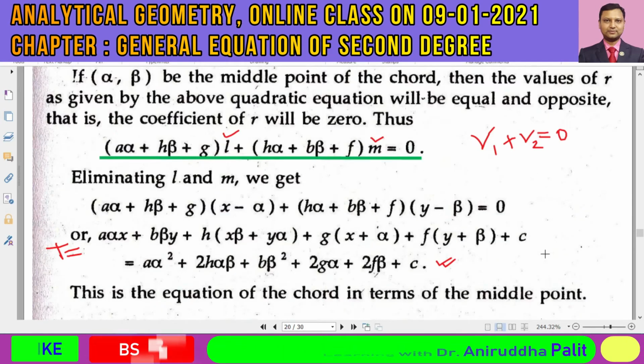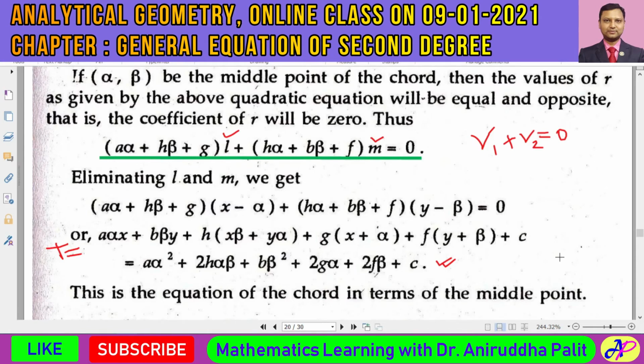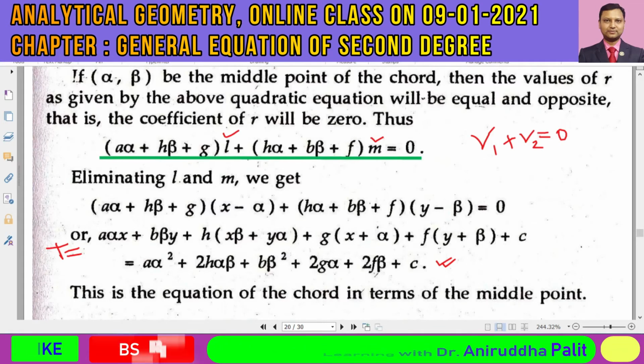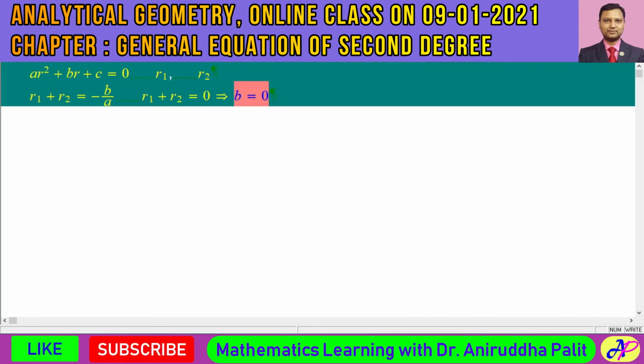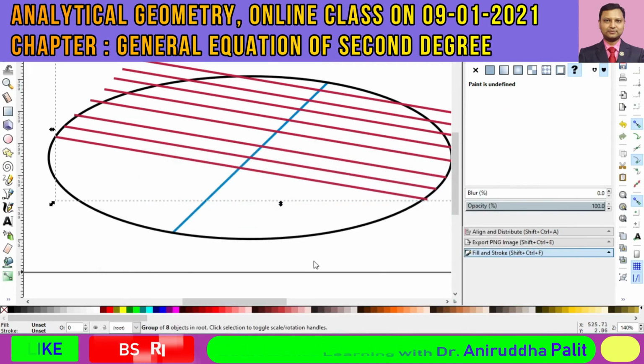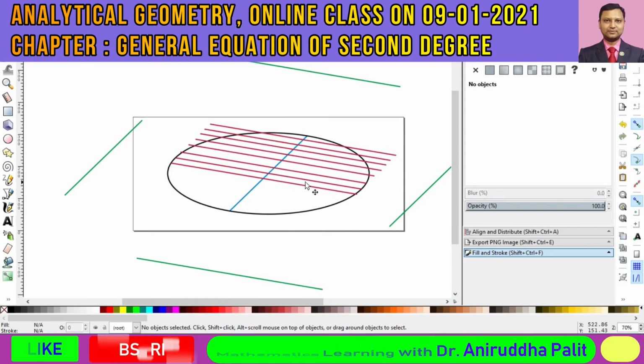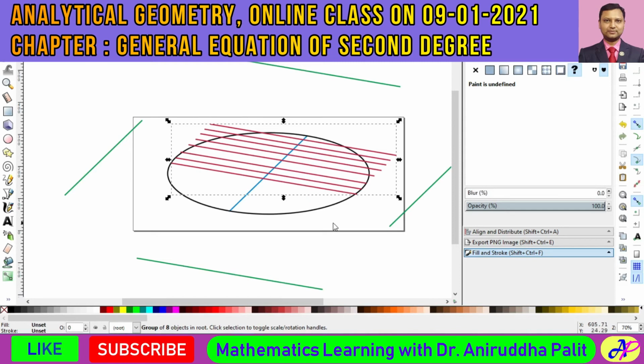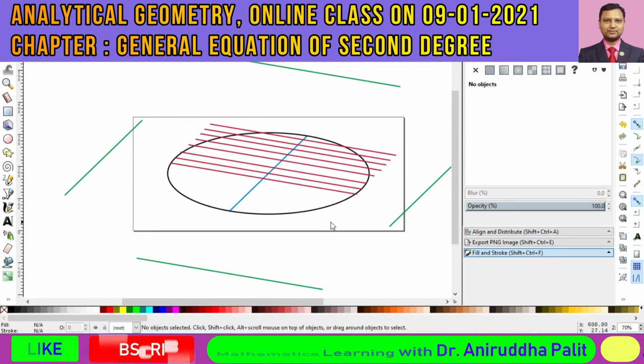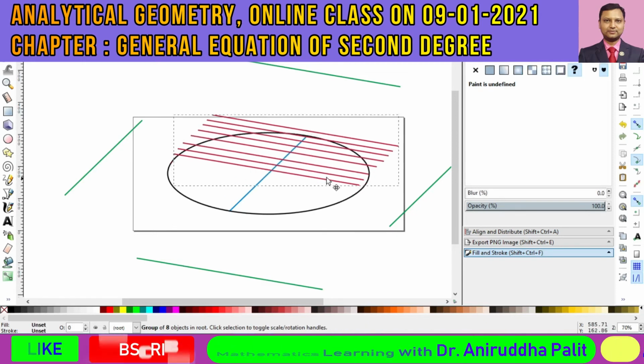To finish this class, let me complete the definition of this diameter, and one more related definition, the conjugate diameter. Today I'll just introduce the definition only, and hopefully in the next class I will introduce the computation, which is a matter of two lines only.